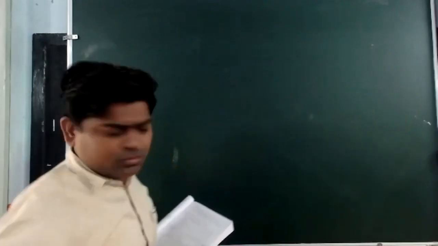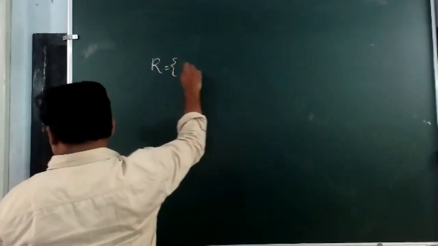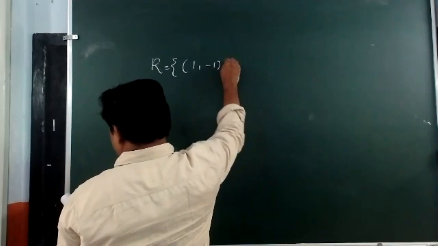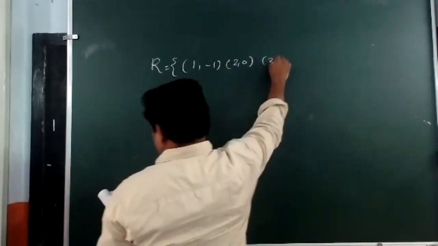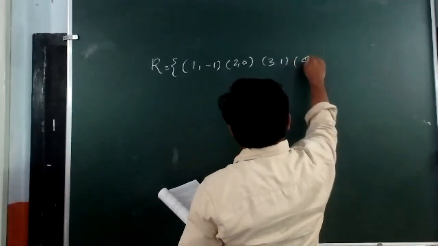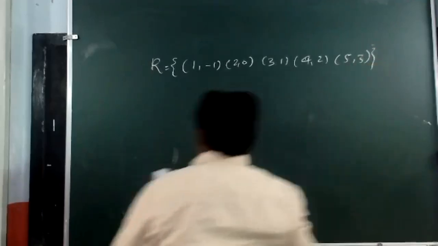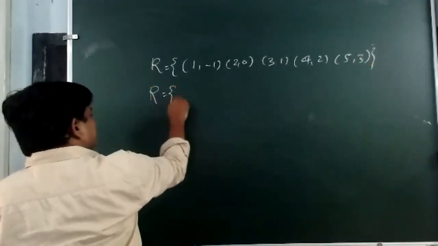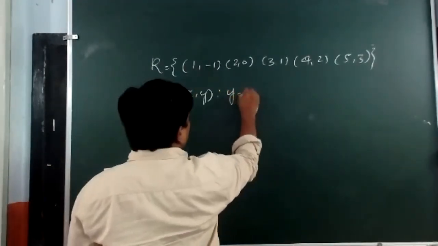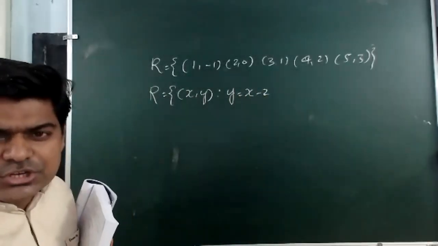If R is equal to this, then you can see R as 1, minus 1; 2, 0; 3, 1; 4, 2 and 5, 3. Now tell me, it can be written as x, y such that y is equal to x minus 2. I may write y is equal to x minus 2.